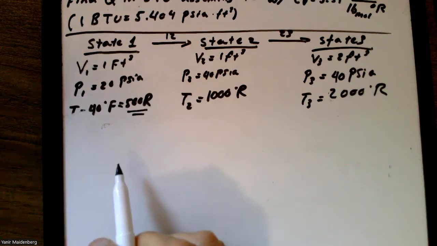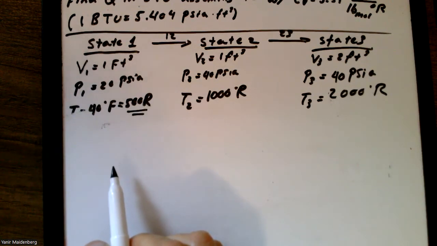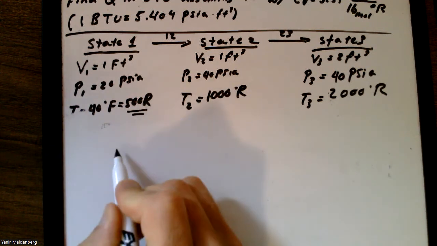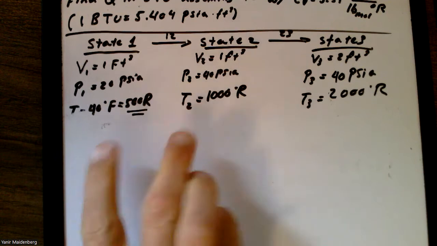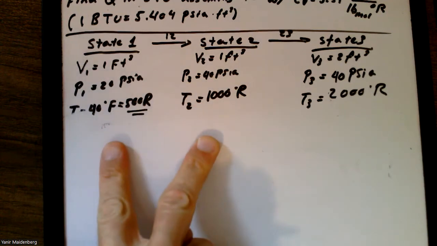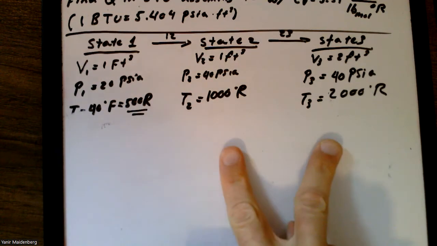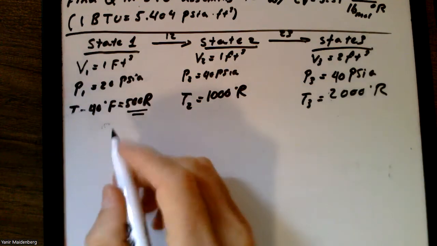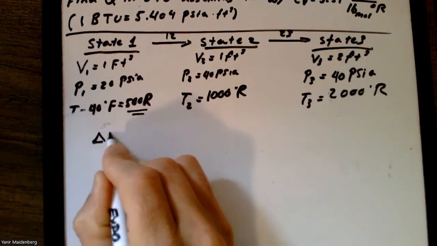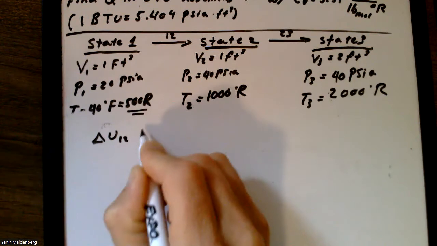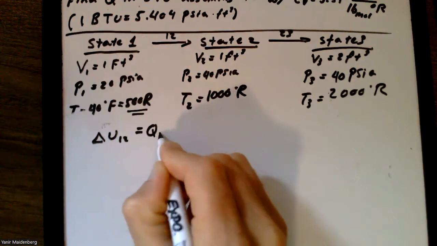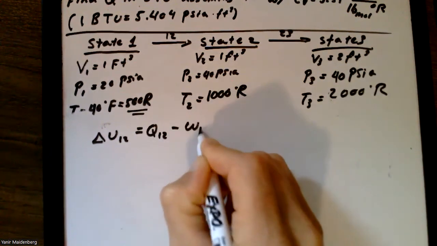So we know it's the first law, we know it's a closed system, we know there's no kinetic and potential energy. And so what we see is that we have 2 processes. So I can apply the first law here, and I can apply the first law here. So to go from state 1 to 2, delta U 1,2 is Q12 minus W12.